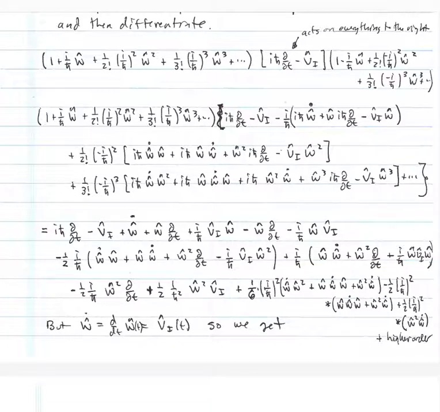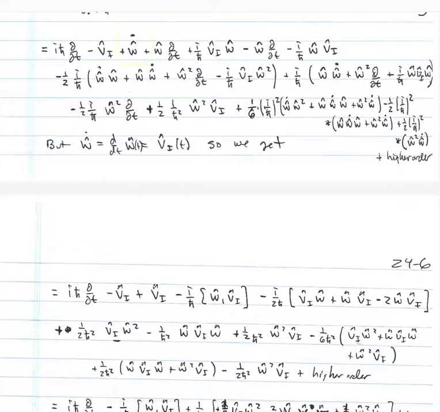Now, the one thing that we have to recall, as I had mentioned before, is that w dot is the time derivative of w, and because w is written as an integral of the v interaction, that just is given by v interaction of t. All right, so we need to substitute in for the w dot. So looking at the first line, I get i h bar d by dt minus vi. The w dot is equal to vi, so that's a plus vi.